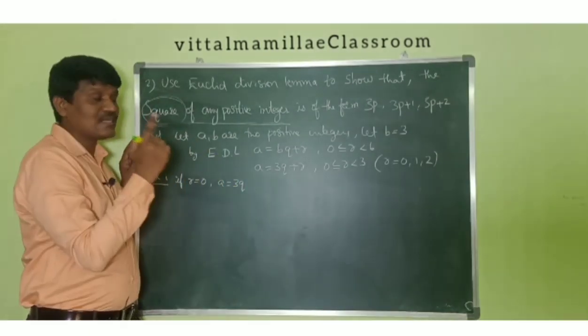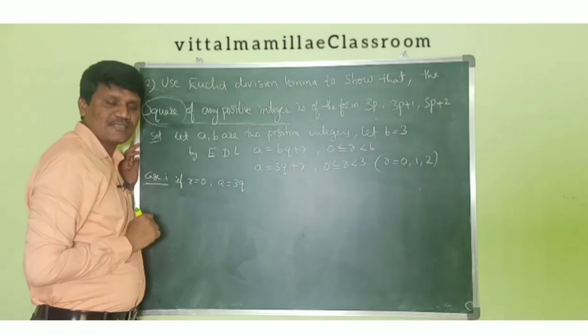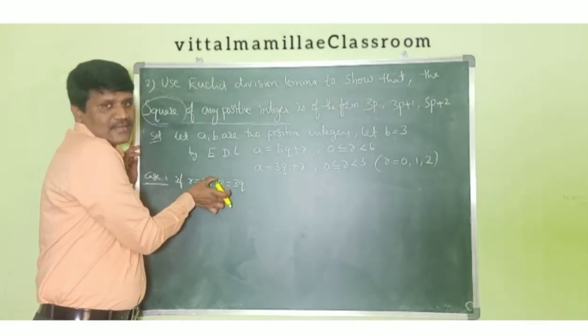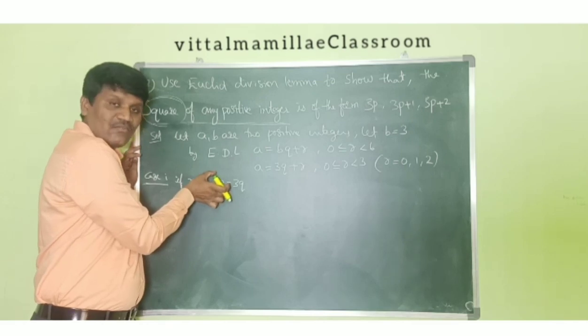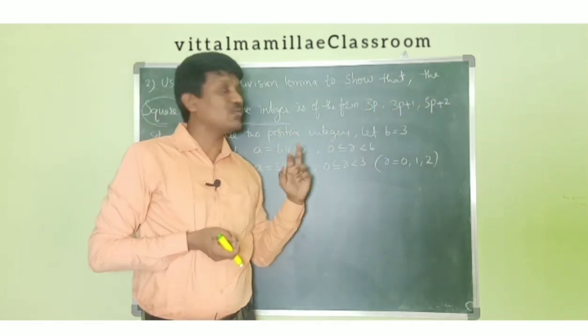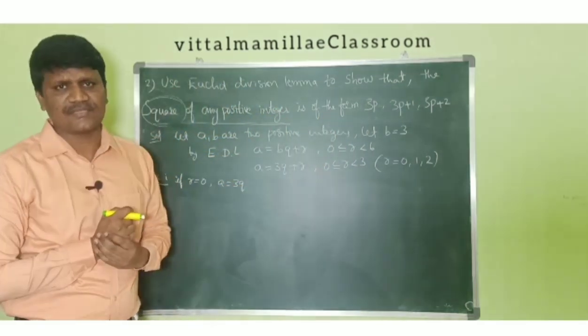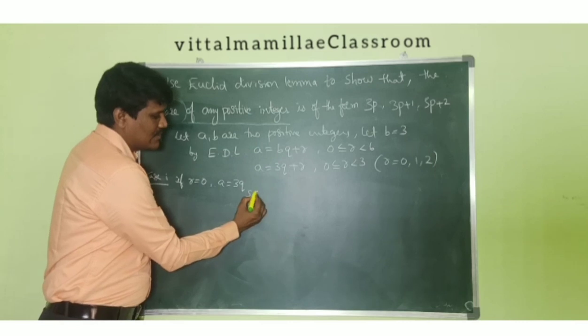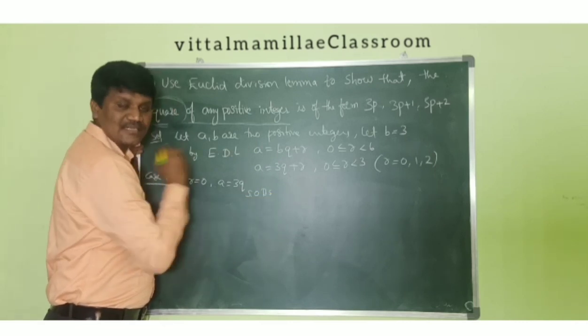Now the question is the square of any positive integer. So this a is a positive integer, right? So I should square it. If I square it, whether it will be in the form of 3p, 3p plus 1, 3p plus 2 for p any positive integer. Okay, a is equal to 3q, you should do the squaring on both sides.